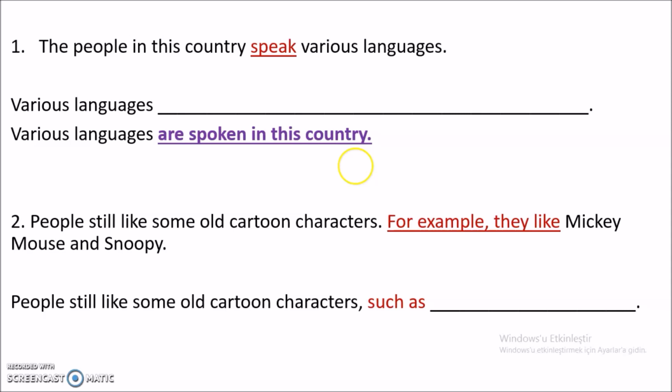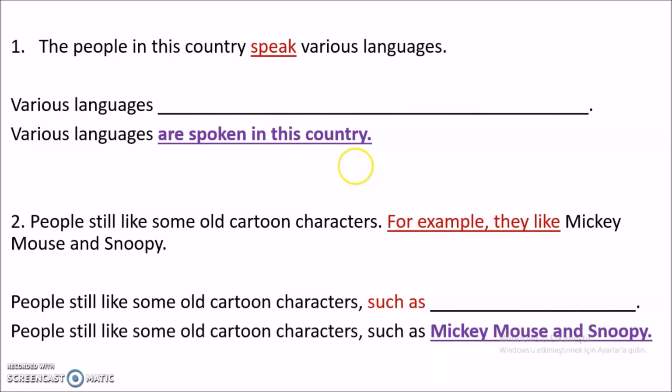So, you need to take this sentence, the Mickey Mouse and Snoopy sentence, and change it into a noun phrase or verb ing form. Since we are giving an example here, you can just take Mickey Mouse and Snoopy and write it directly after such as and finish your sentence.